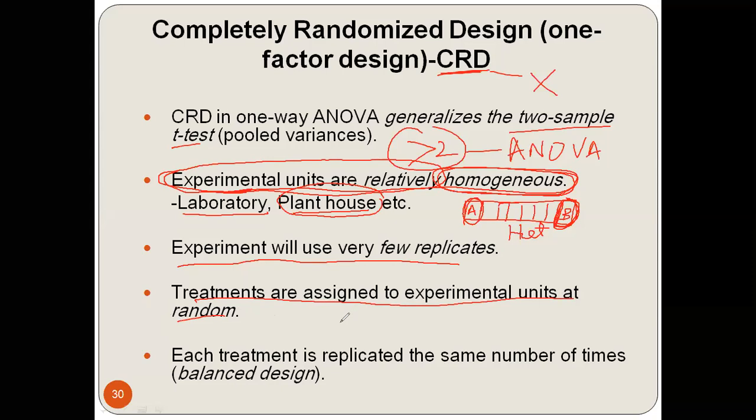This is true in all the designs, not only here. In all the designs, treatments are assigned to experimental units at random. All right. The last point. Each treatment is replicated the same number of times. It is called a balanced design, right? Balanced design.